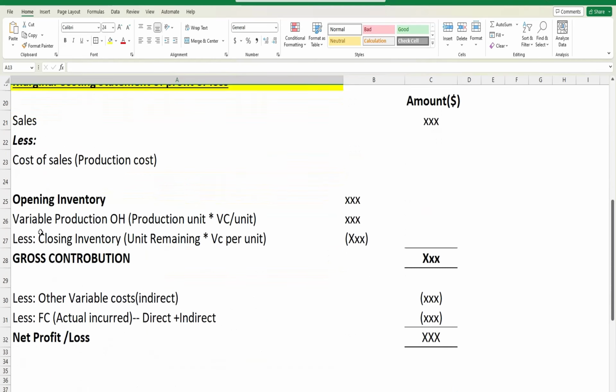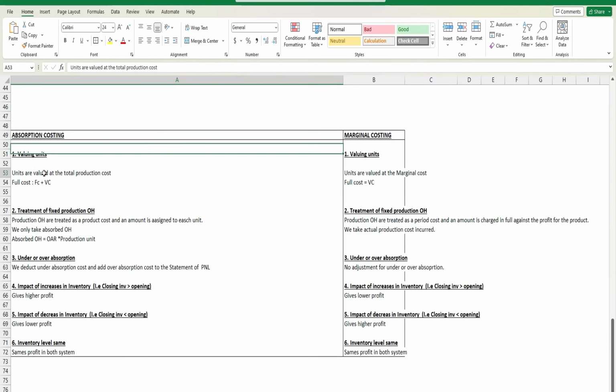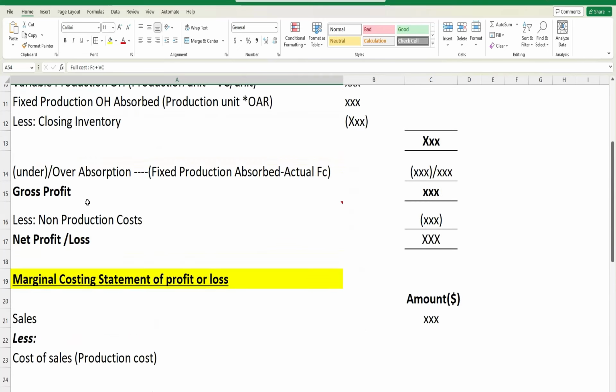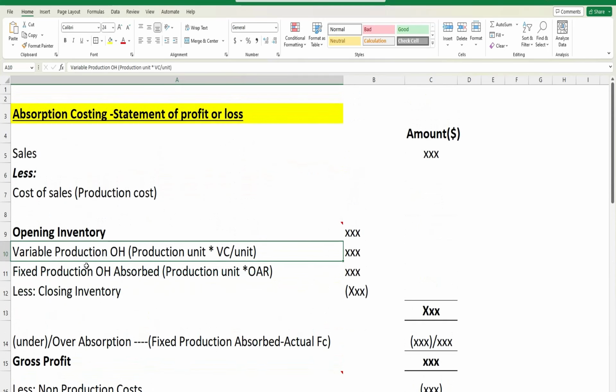Why? Because, as I mentioned in the difference, while we are valuing our units, that means our goods, the total production cost needs to be considered, and total production cost means fixed cost plus variable cost. So we take the variable production overhead, that is, production units into variable cost per unit, and the fixed production overhead.